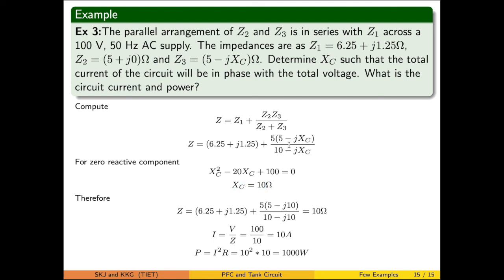When we substitute this 10 ohm into this expression, Z comes out to be purely resistive, that is 10 ohm. So that is the requirement. Once this is known, we can calculate the current I, which is equal to V upon Z, and then the power as requested can be calculated likewise.